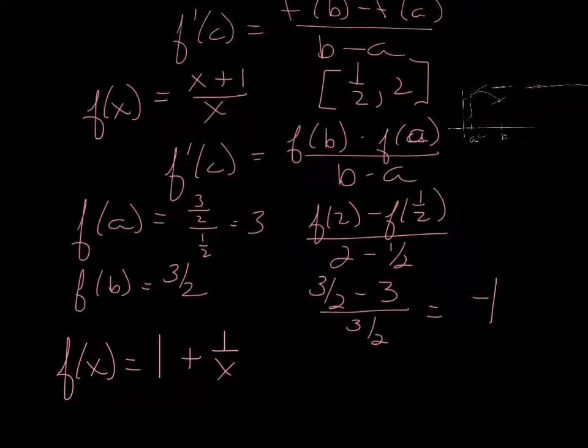This is the same as 1 plus x to the negative 1. So the derivative is negative 1 over x squared, right? Yes, you can use a quotient rule. I don't care if you use a quotient rule. If that helped you wake up a little bit, you can sit back down.